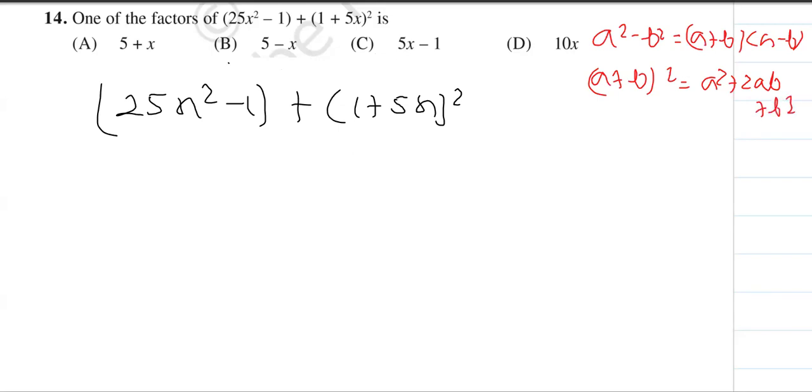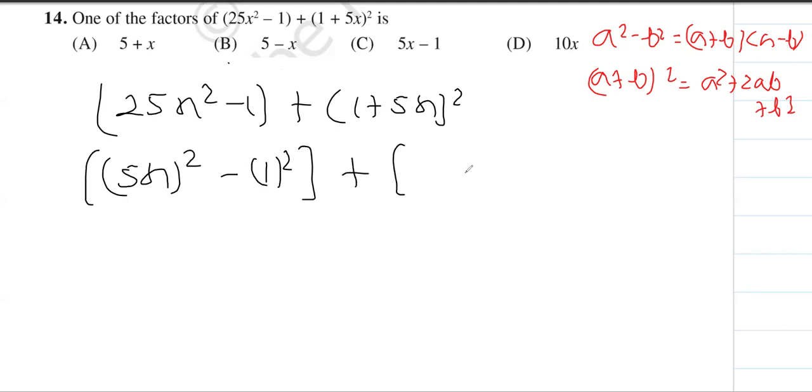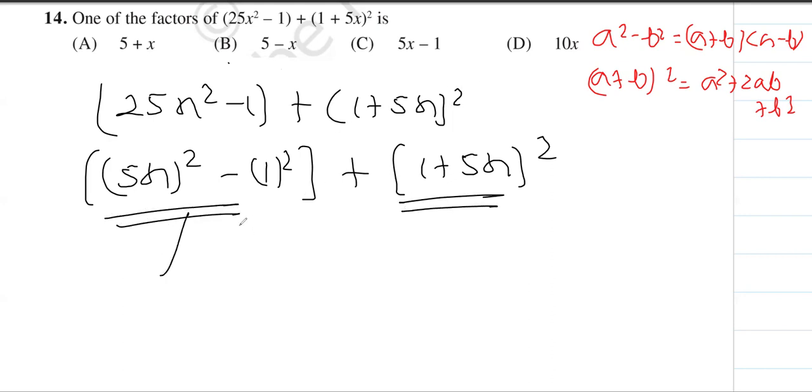Now, the first thing is clear that we are going to apply a square minus b square over here. In order to understand this better, I am writing 25x square as (5x) square and 1 as 1 square. Then we have this. I can expand, or we may take common. So I am writing this only. Why am I not expanding this? Because we are going to get the same factor from the factorization of this.